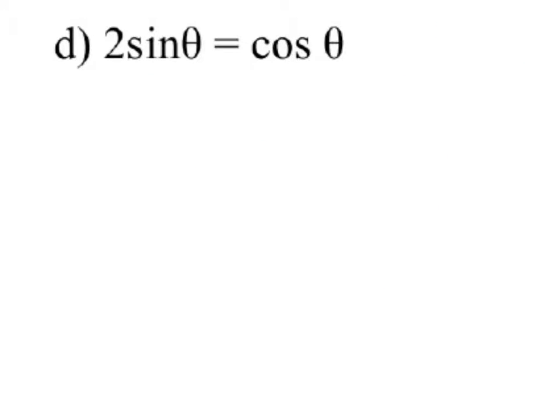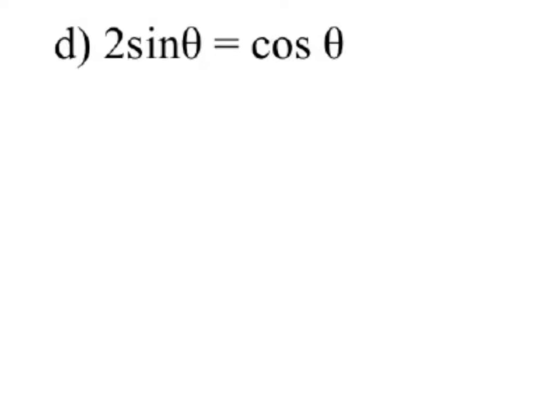Okay, if you have a question like this, 2 sine theta equals cos theta. Now remember, sine theta divided by cos theta is tan theta. So what we can do is divide both sides by 2 and divide both sides by cos theta.